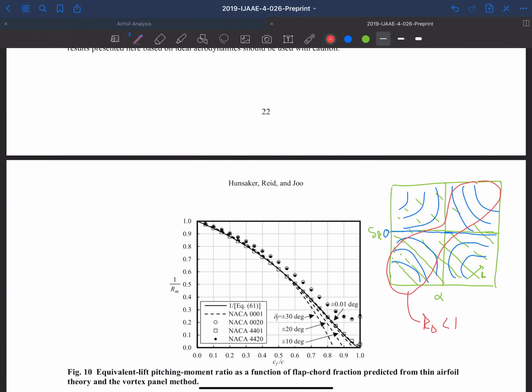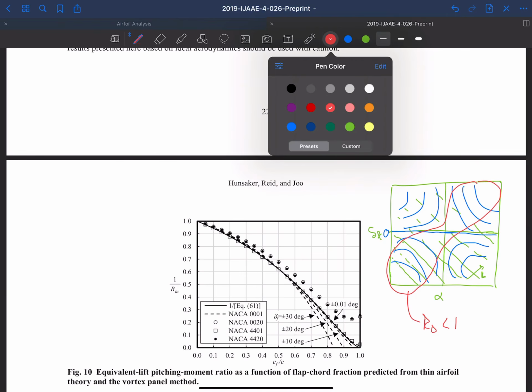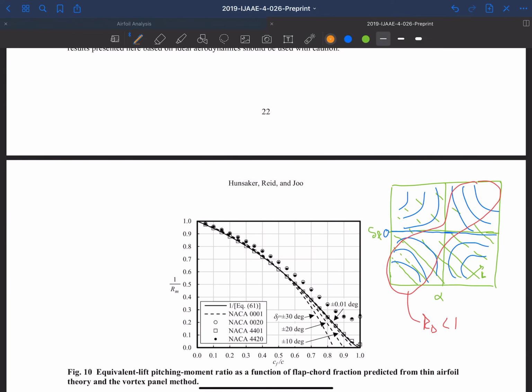And then in this other region, so those right there, the drag ratio was greater than 1, meaning that the parabolic flap actually created more drag than the traditional flap.